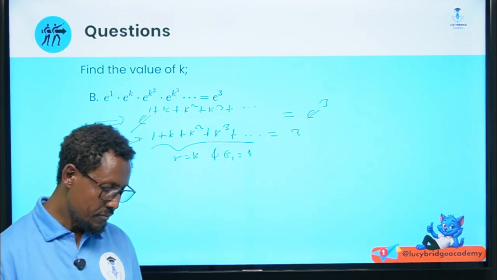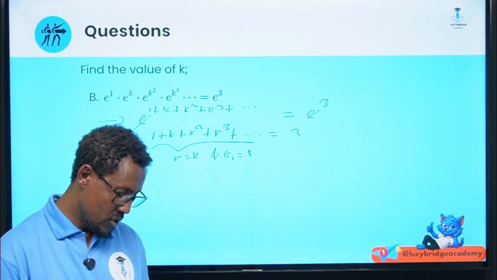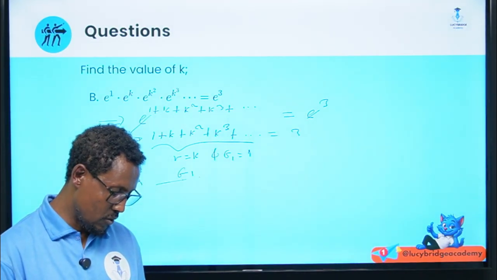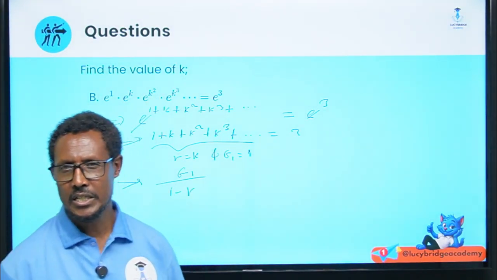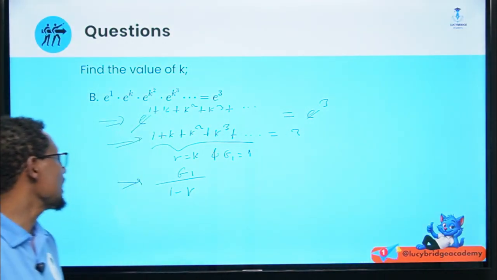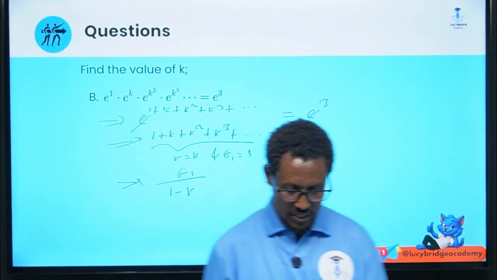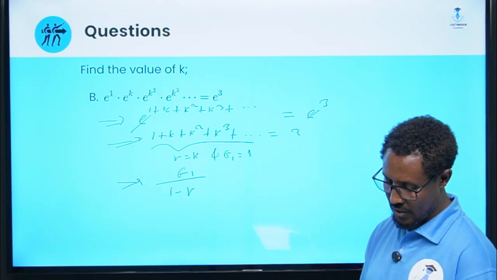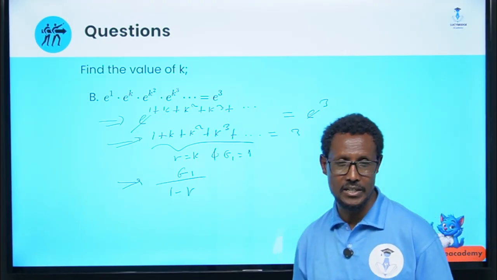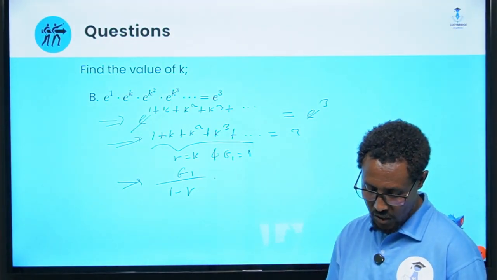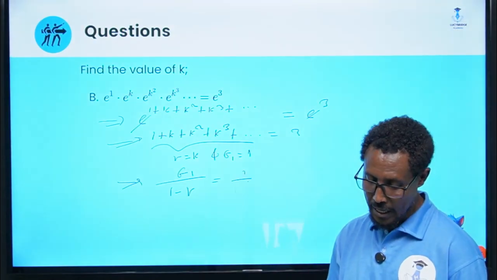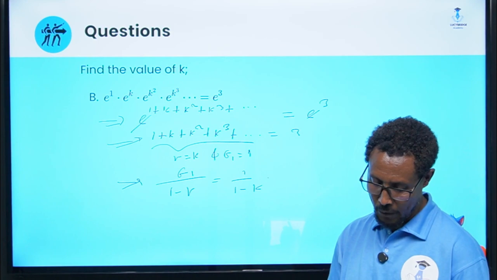But now we use G1 over 1 minus R to find the sum of the series. We use this one, okay, because it is an infinite series, which is equal to G1 is 1 over 1 minus R. R is k, but don't forget that, which is equal to 3.